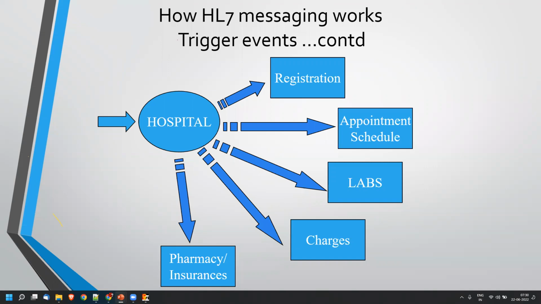Now, I'll tell you what message types are used for pharmacies, just to show you at the end of the HL7 course. Once we complete understanding HL7, we'll also touch base on a couple of other message types as well.